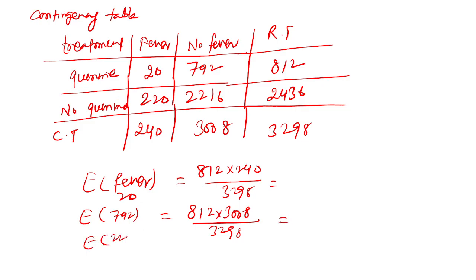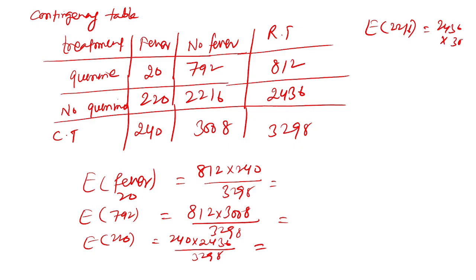E of 220: 240 into 2436 upon 3298. It will come to some answer. E of 2216 will become 2436 into 3008 upon 3298.